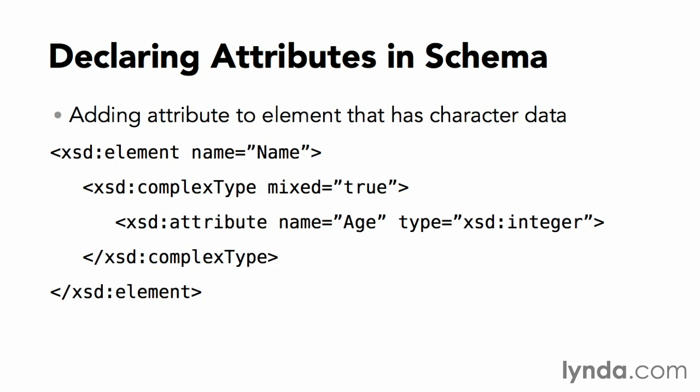Recall from earlier that means that the element can have mixed content. However, since I'm not declaring any elements inside the complex type, that means that the content for this element can only be character data, because I haven't declared any elements that can go inside here. Any element that would appear here in the XML data would now be an error.